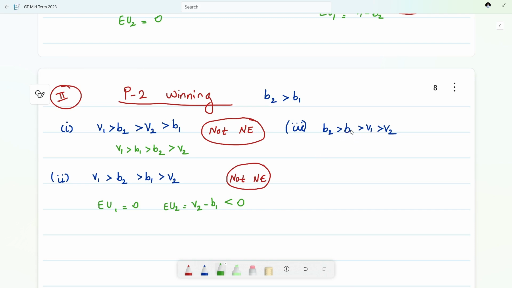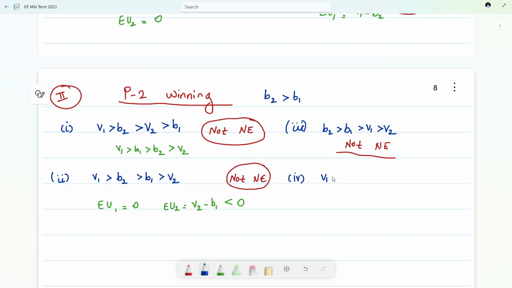V2 minus B1, again negative utility will come. So he can make it to 0 by simply bidding less than B1, right? So again, it will not be a Nash equilibrium with the same logic as in case number 2, not a Nash equilibrium. Now take another case.